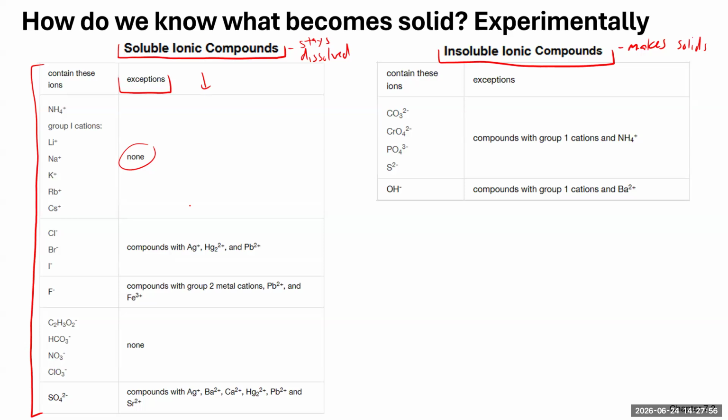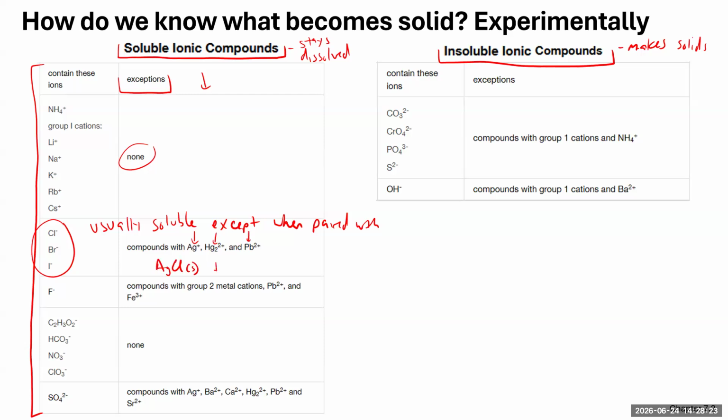Now what happens is these are usually soluble, except when paired with these. So if you have silver chloride, that's going to be a solid.